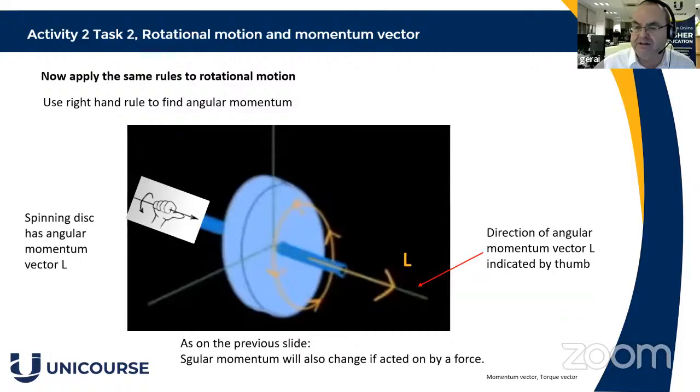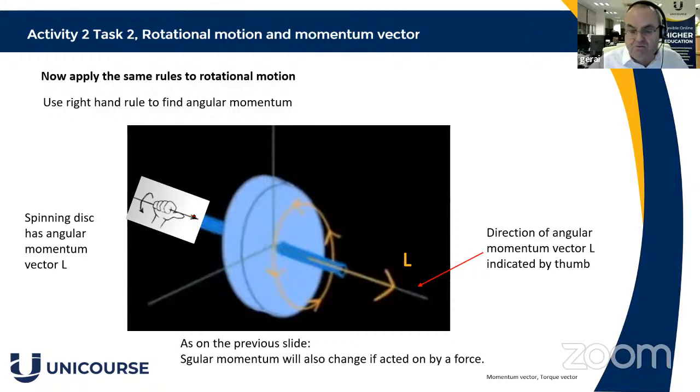Use your right hand and wrap your fingers around the direction of rotation. You can see there, looking from the front, it's rotating anti-clockwise. With your right hand, the thumb points in this direction. So the direction of the angular momentum is indicated by your thumb.